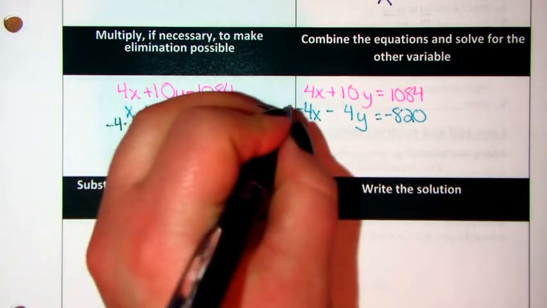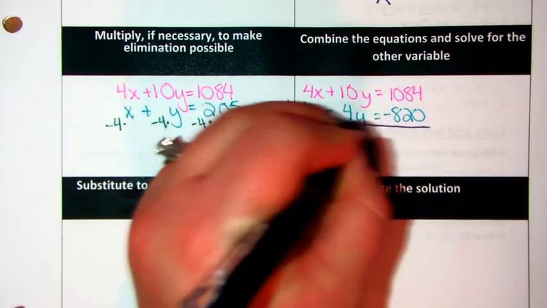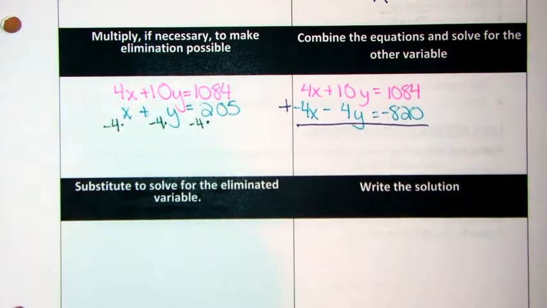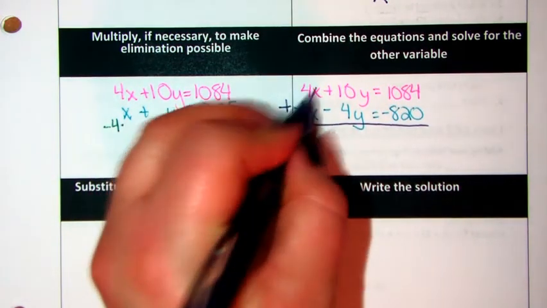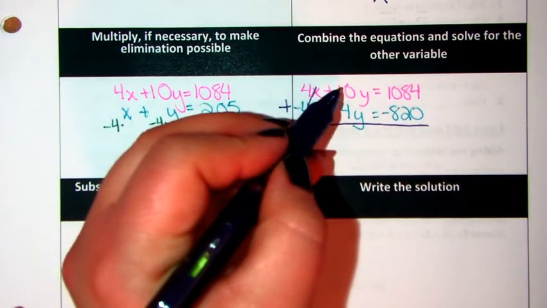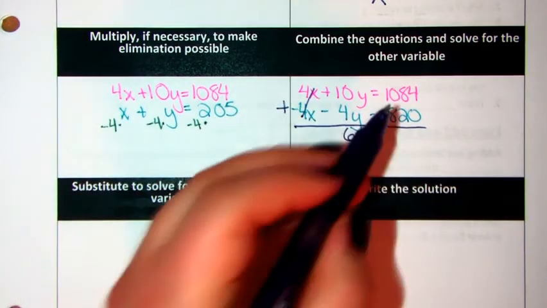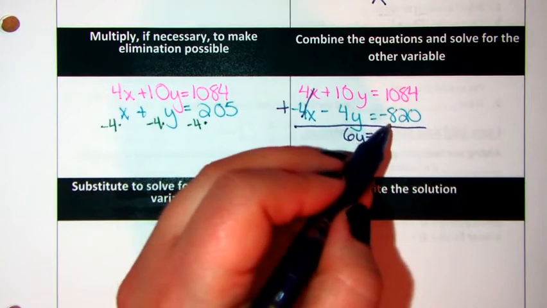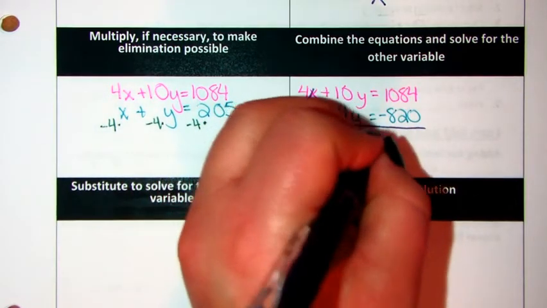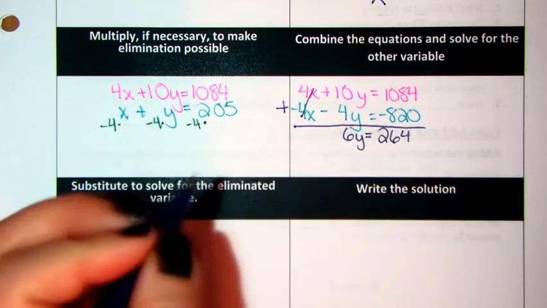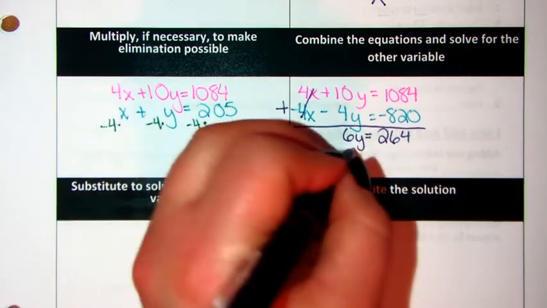And just like we were doing when they gave us the system, we are adding the two of them together. So our x's really do cancel, and our y's become 6y. 1084 minus 820 gives me 264.